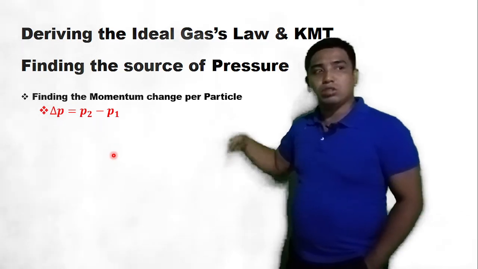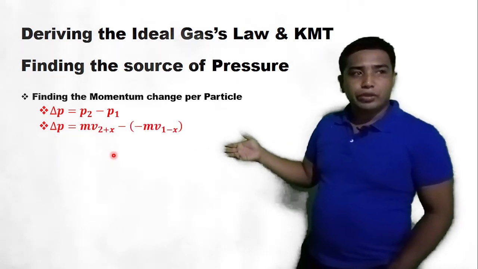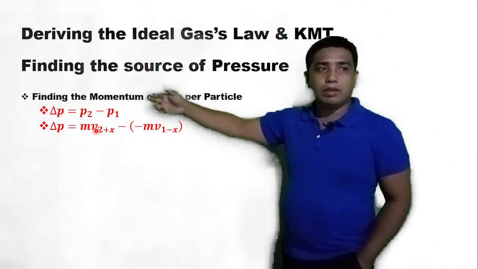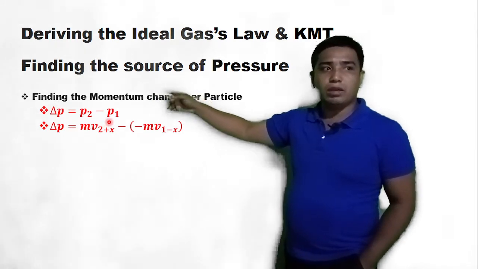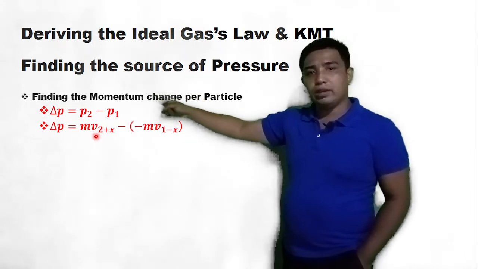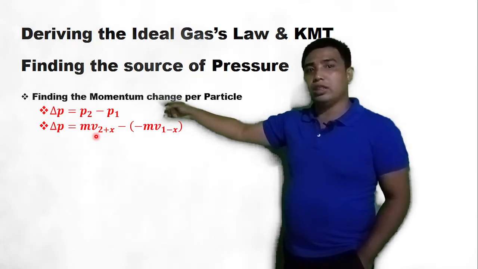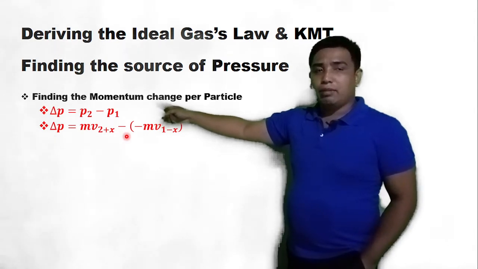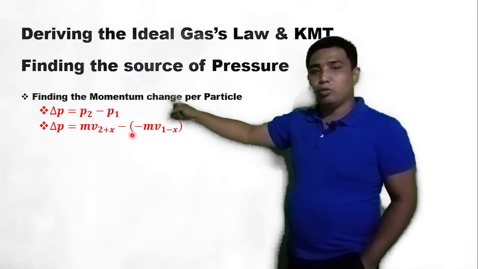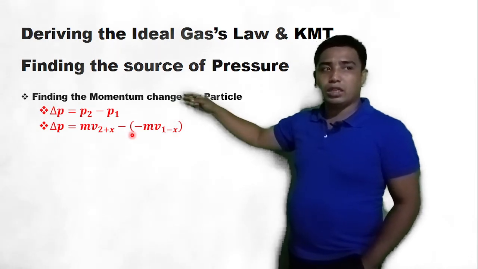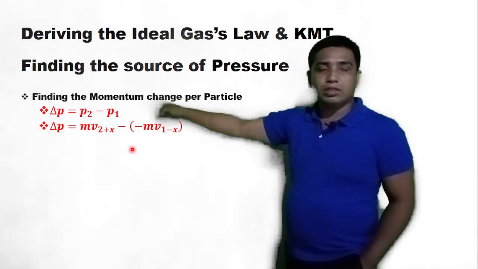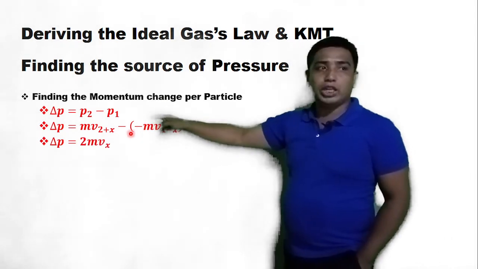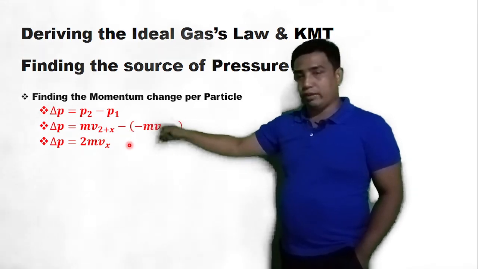Substituting, the momentum change per particle is delta P equals P2 minus P1, which is mv2 in the positive x direction, minus negative mv1. Negative minus negative becomes positive. Since they are the same, delta P is equivalent to positive 2mvx.